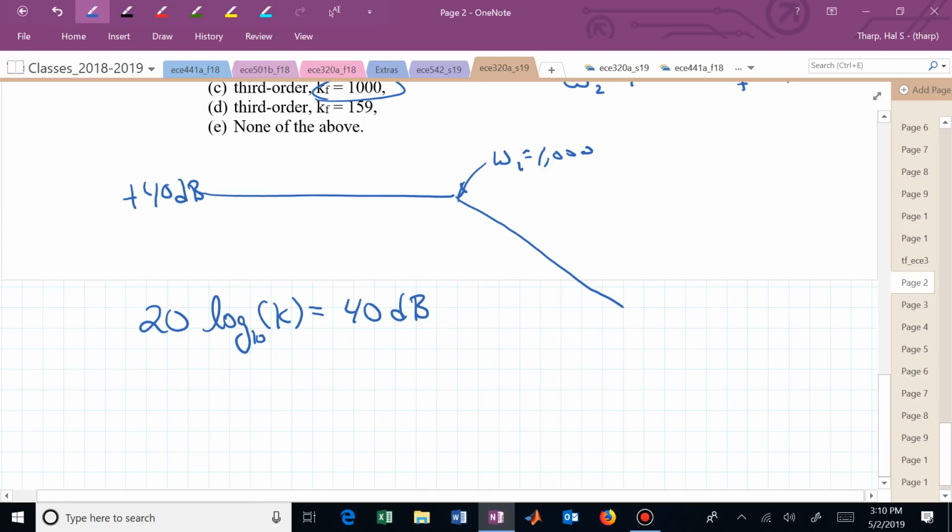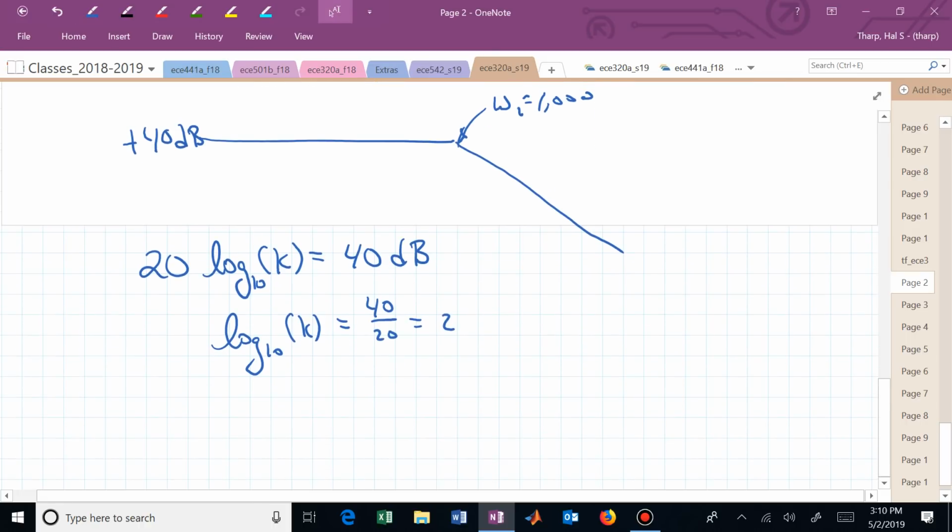So now we have log base 10 of k is equal to 2. And I think you can see what k needs to be here. If you take the anti-log of both sides, k is in fact 100, that's the actual gain that you want your filter to be producing.